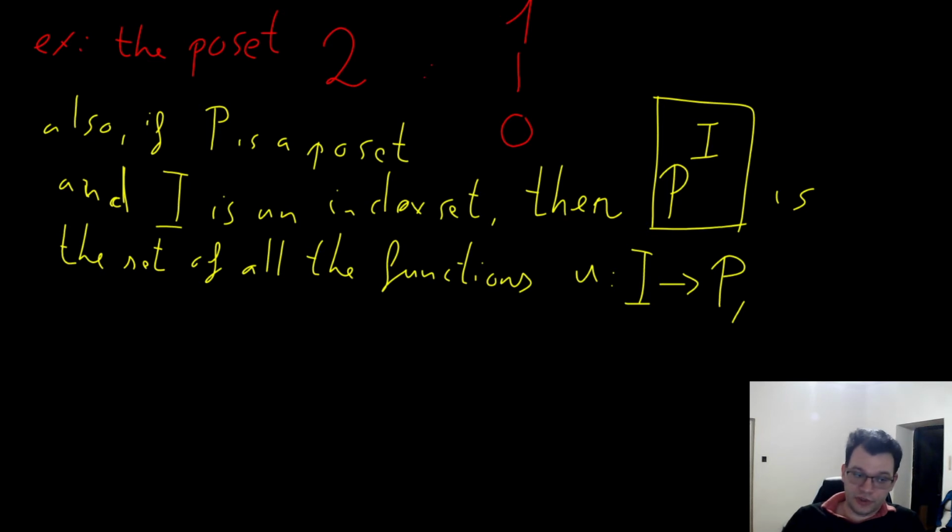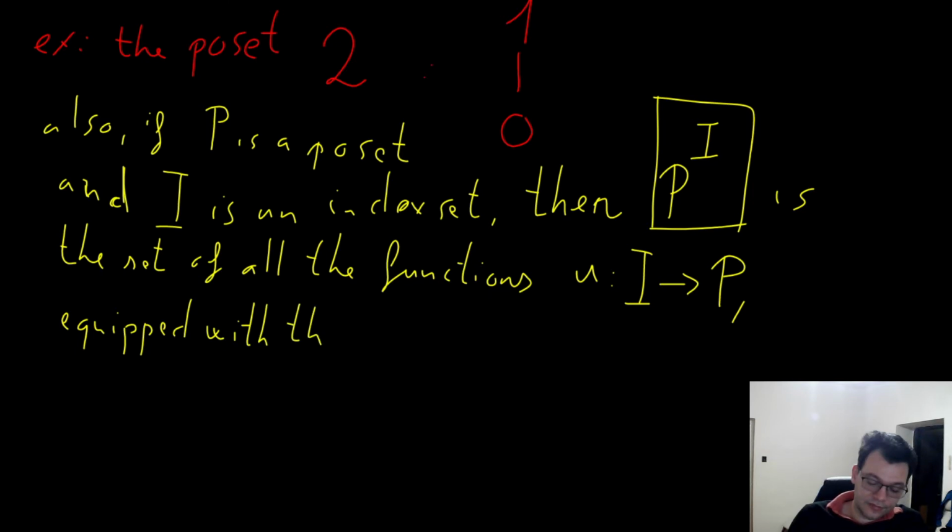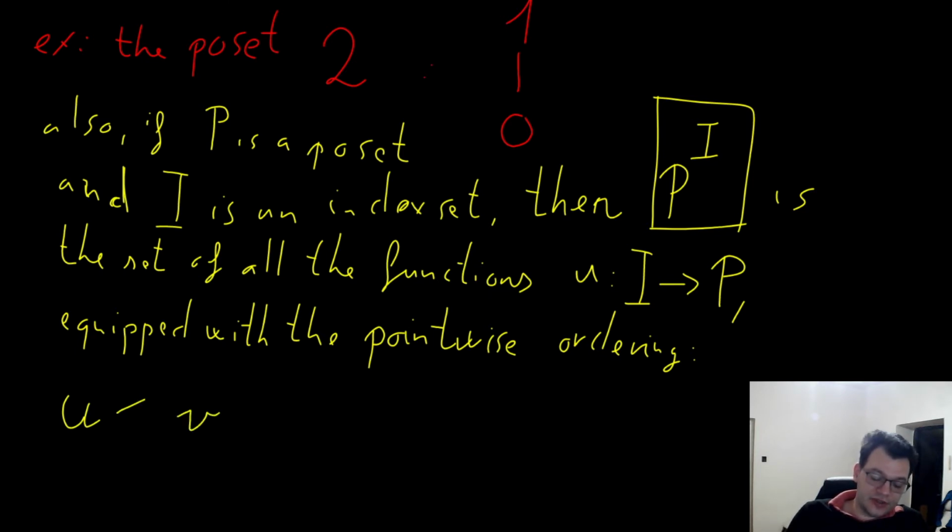Okay, we will see an example soon, equipped with the so-called pointwise ordering, which means that if I have a function, say u, and I have another function v, I will say that u is smaller than or equal to v if and only if it's smaller than or equal to v on any possible input.